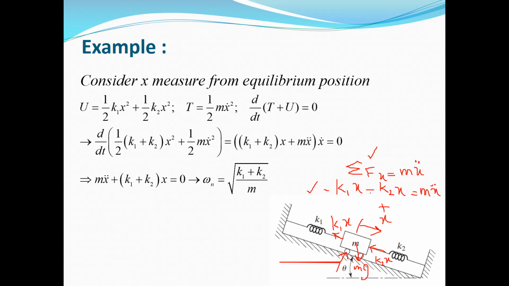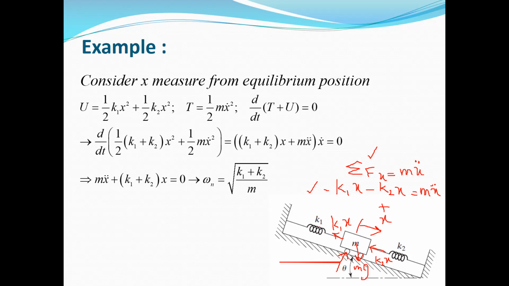Okay, I explained that in this system, the weight will create some initial deflection. Generally, in all systems, when we have some initial deflection due to the weights, you can ignore the initial deflection. For example, when you write the force due to the spring K1, I only considered K1 times x, where x is measured from the equilibrium position.